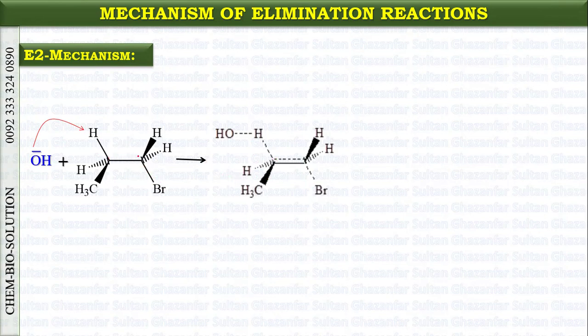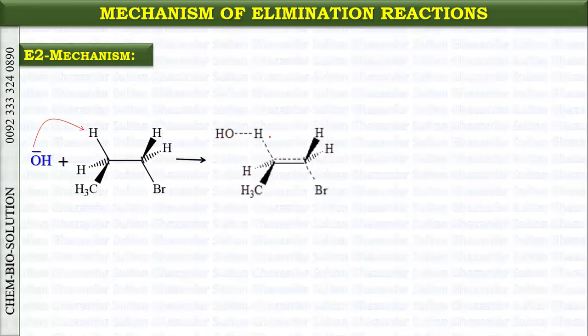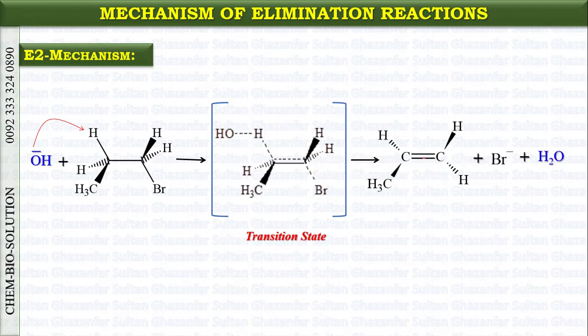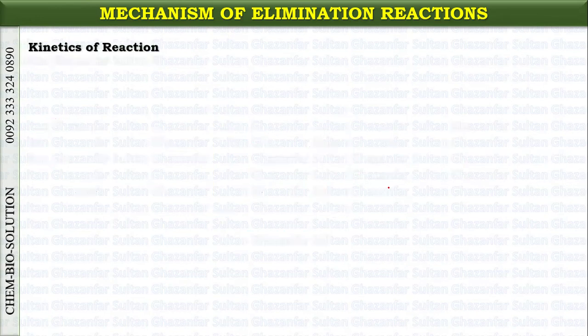A bond is forming here, and this bond is also breaking, and a bond between OH and H is being formed. So this is the transition state, and ultimately it will form water. Bromide will be removed, and a double bond will be generated here. You can see this is the mechanism for E2 reaction.